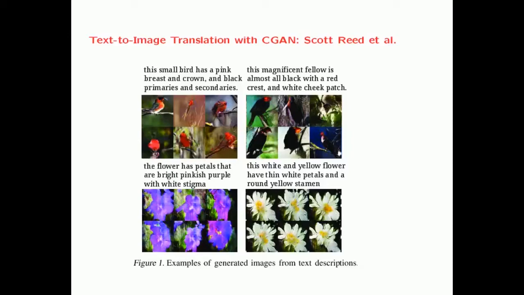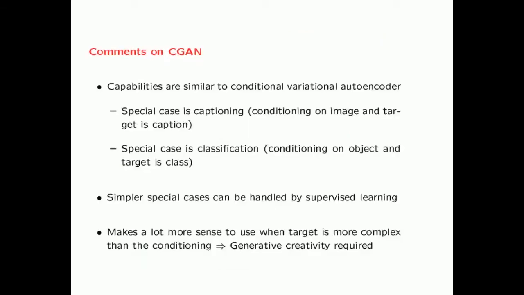And you can see that the generated bird will also have those characteristics. Now note that these types of capabilities are also enabled by the variational autoencoder, and we discussed that in a previous lecture. So in a sense, both the variational autoencoder and the generative adversarial network have similar capabilities in terms of the types of applications in which they can be used.